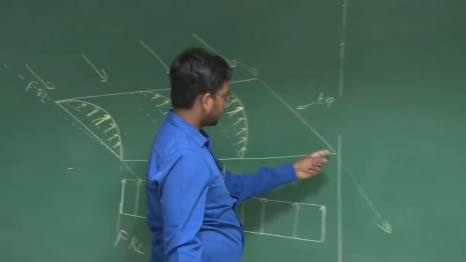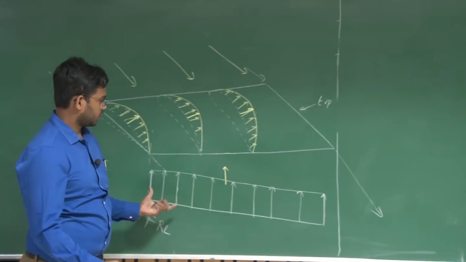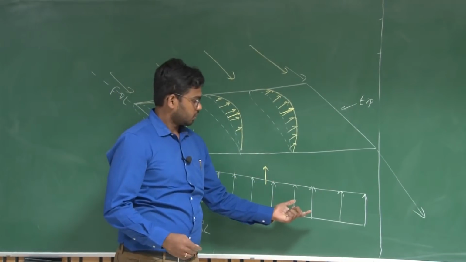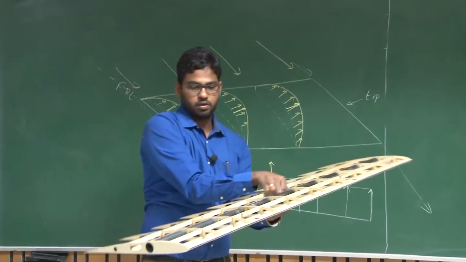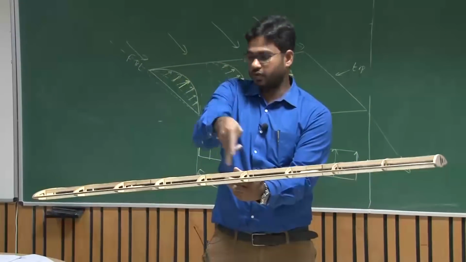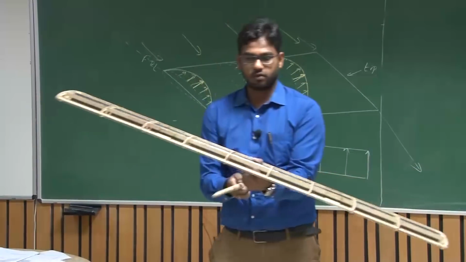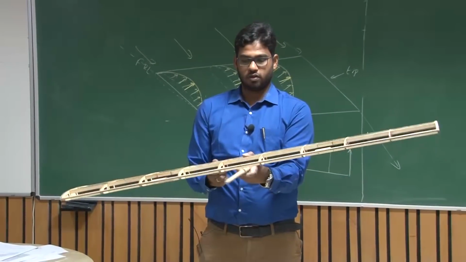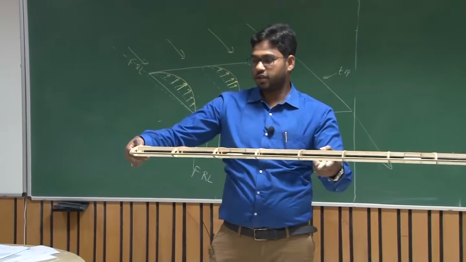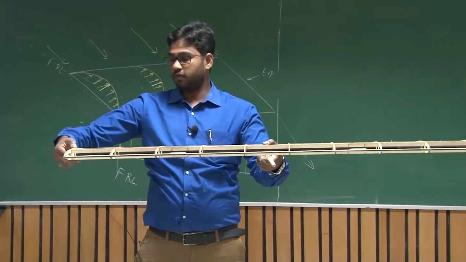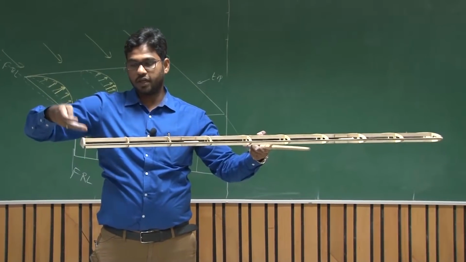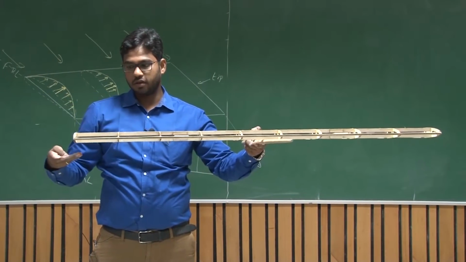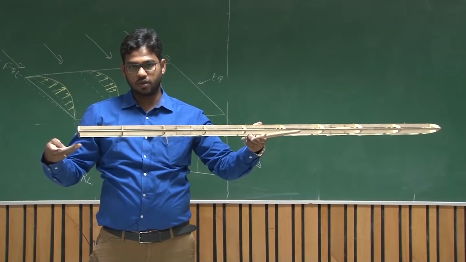Now when you look at the tips, which are the extremes of the wing, say this is my fuselage reference line, and near the tips, on this aerofoil as well, there is a greater suction on the upper surface and comparatively lesser suction on the lower surface, right?